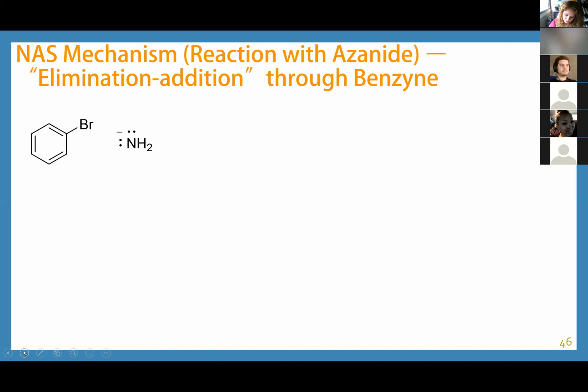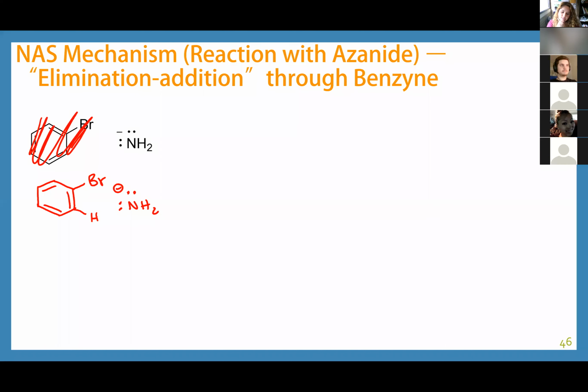So let me see if I drew this out. Nope. Okay. So in this mechanism, I did not do myself any favors in the way that I drew this out. I want the double bonds in a different position, just because it's easier.